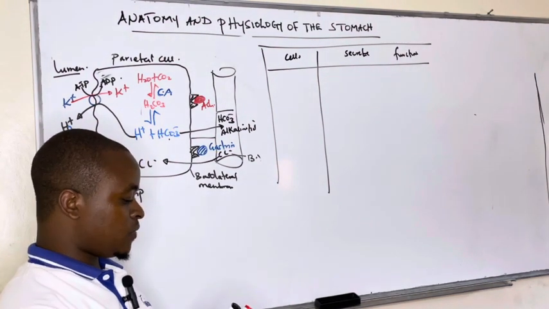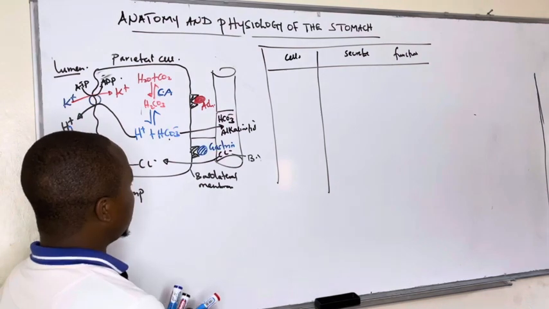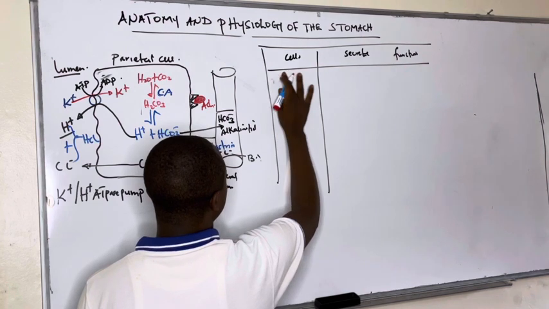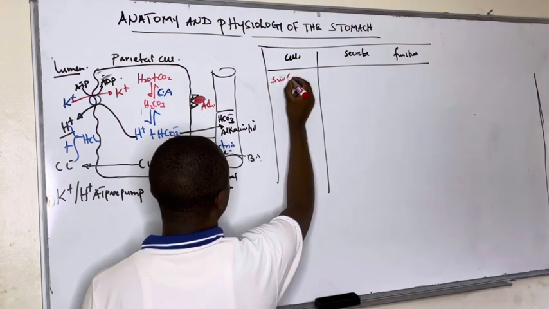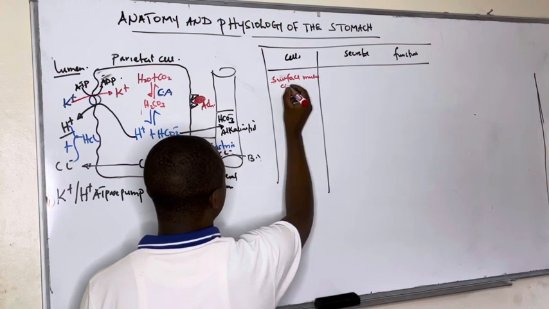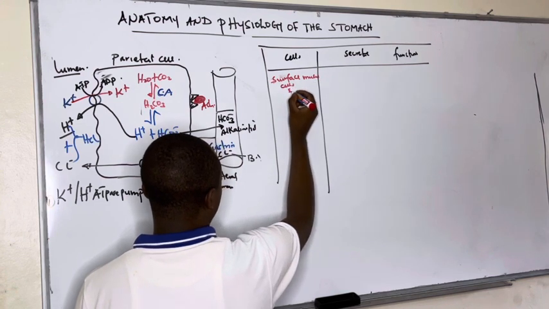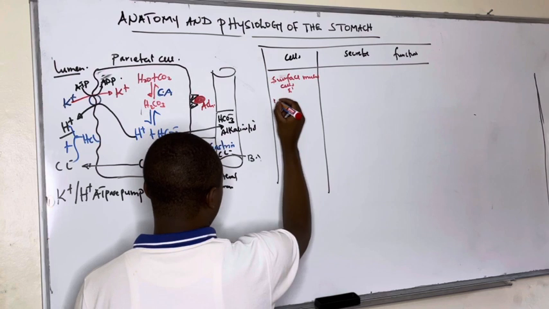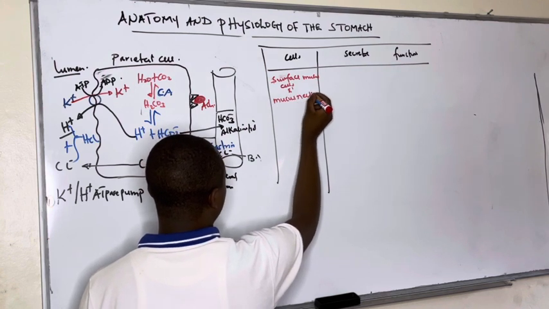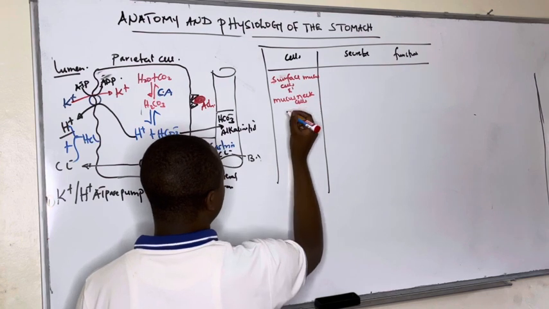We see other cells in the stomach, like mucus cells: surface mucus cells, and mucus neck cells.